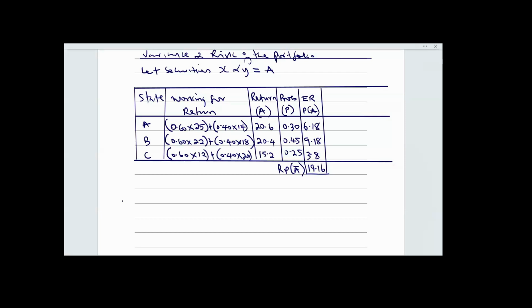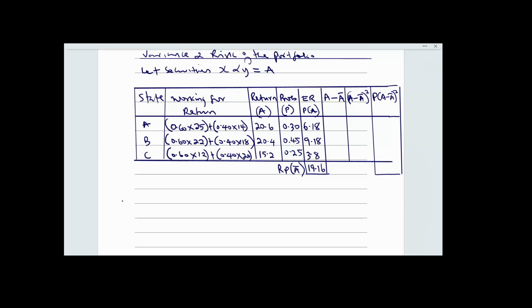All right. So let's calculate the variance of the portfolio, which will be equal to the sum of the probability multiplied by A minus A bar squared.